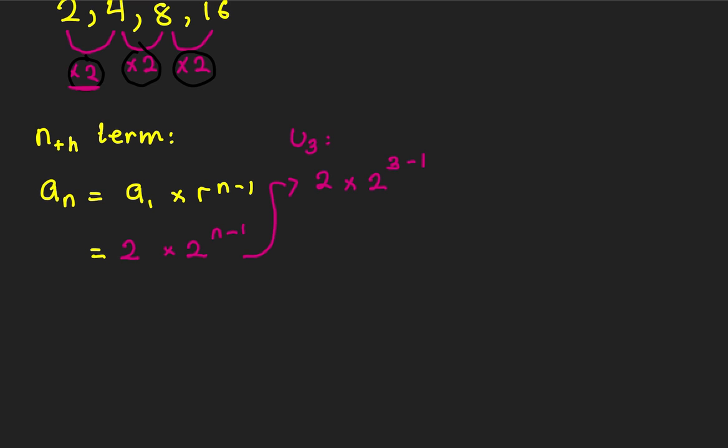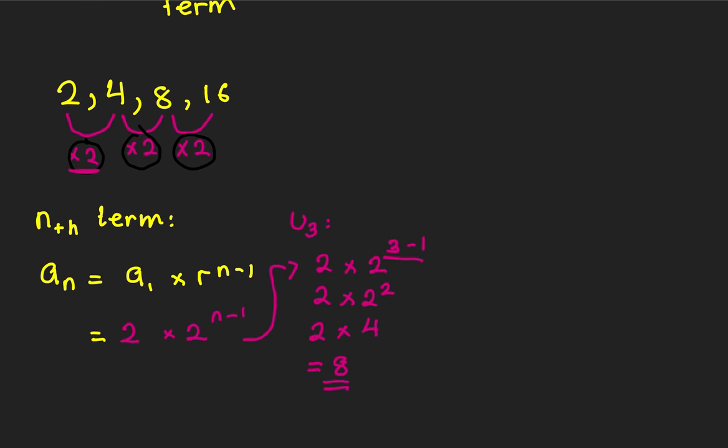Now let's simplify it as we go on. So 2 times 2 to the power 3 minus 1 becomes 2 to the power 2. And 2 to the power 2 is the same as 4. So this becomes 8. Let's see if this works. And our third term is 8.